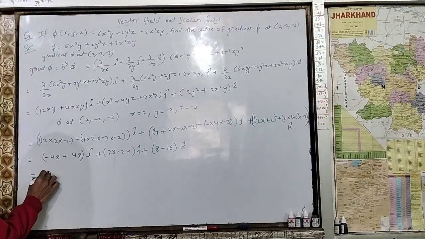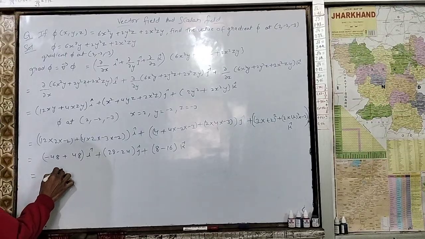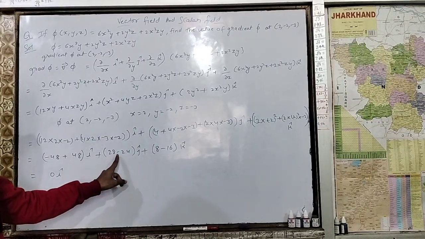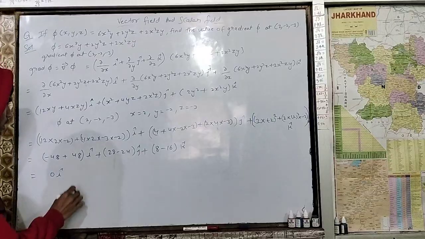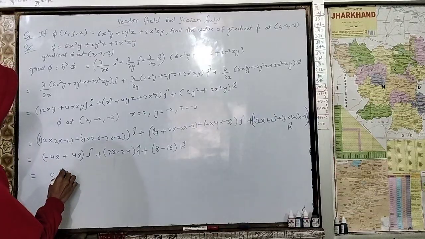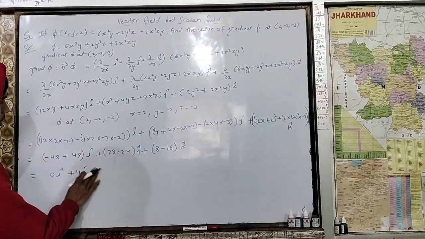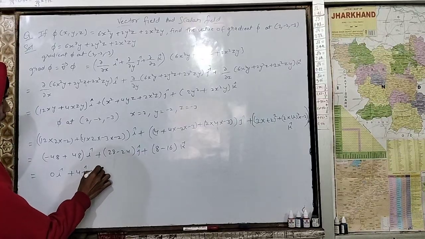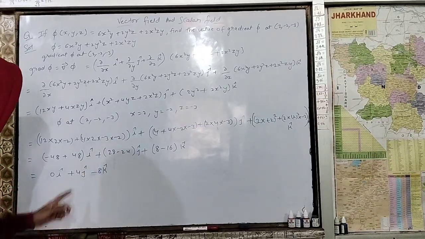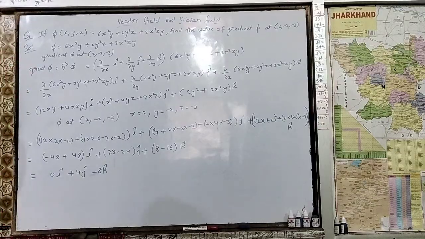You can say 0 i cap plus 4 z cap minus 8 k cap. This is our final answer. It can be written as 4z minus 8k, where this is 0.